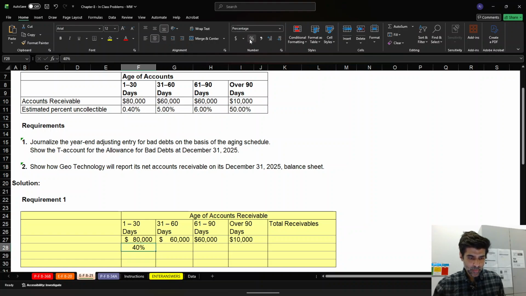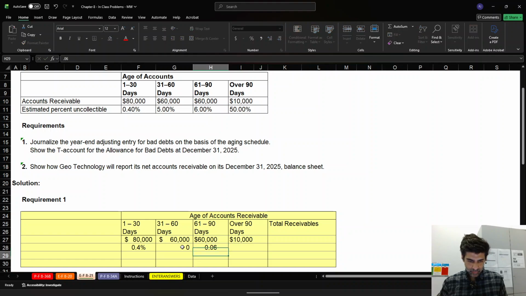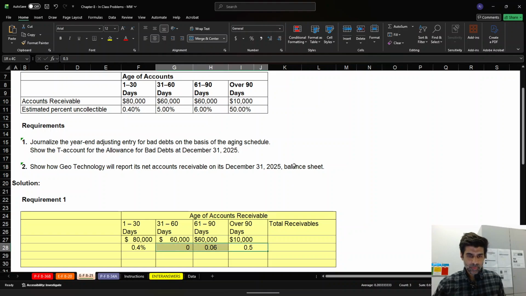The formatting is a little annoying. Let me just make sure I have all the numbers correct here.